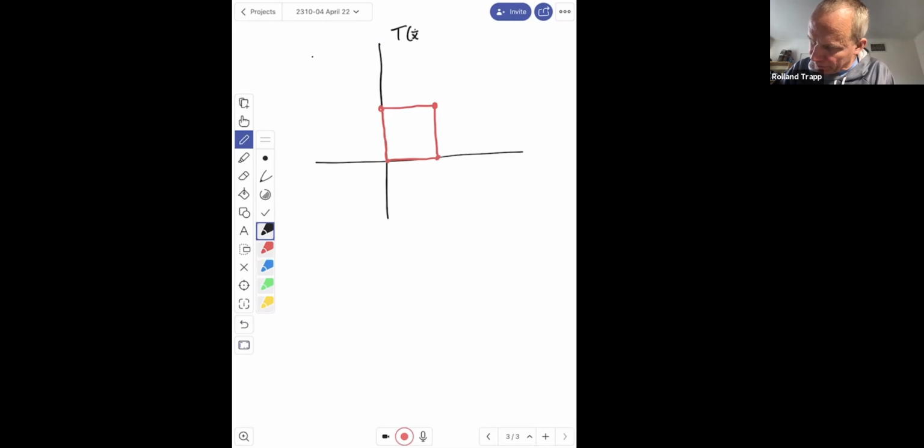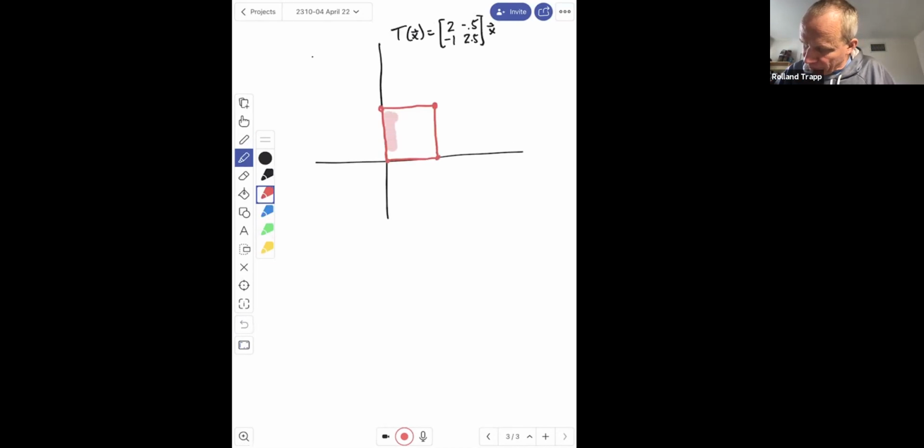T of X is given by the matrix 2, -1/2, -1, 2.5 times X. I want to look at what the image of this unit square is. So the unit square is everything in here.